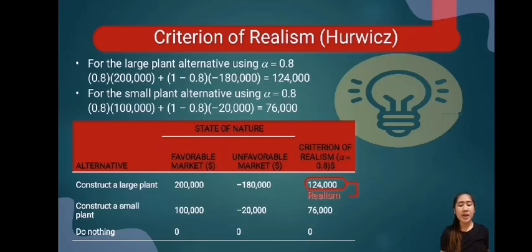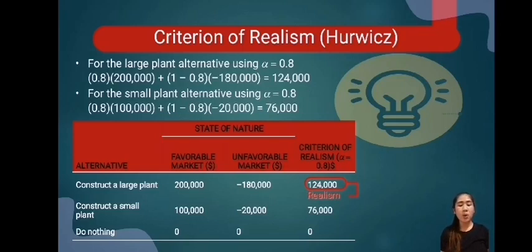As you can see in the figure, this alternative has the highest weighted average, which is $124,000. It was computed by 0.8, the coefficient, times 200,000, and then added to 0.2 times 180,000, and the result would be 124,000.